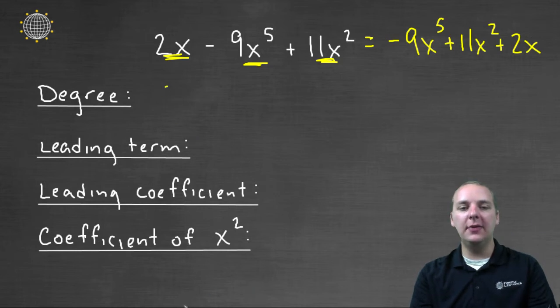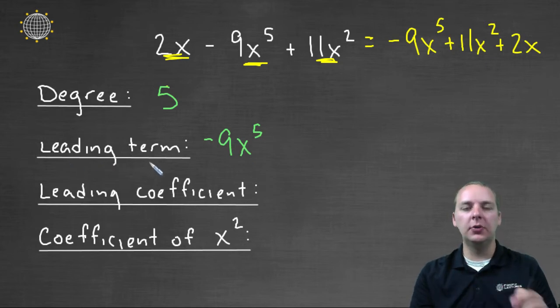And honestly, even if we had not rewritten it, the degree would have still been 5 because that was the term that had the variable of highest power. Now the leading term would be the negative 9x to the fifth. And you might ask, well, Devin, what if we had not switched those terms around?